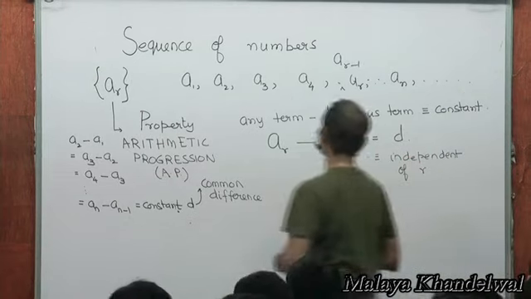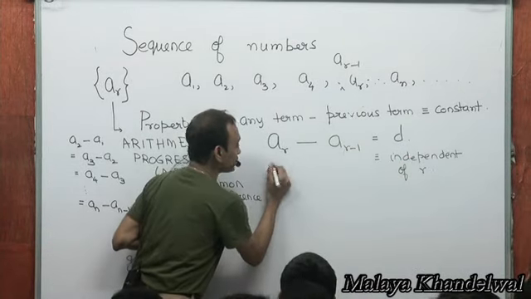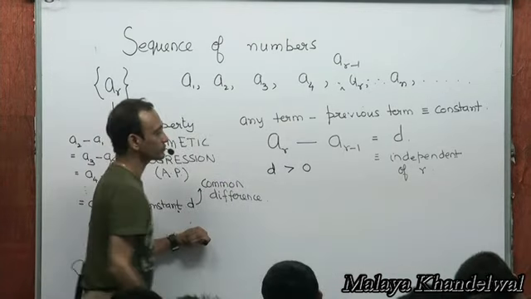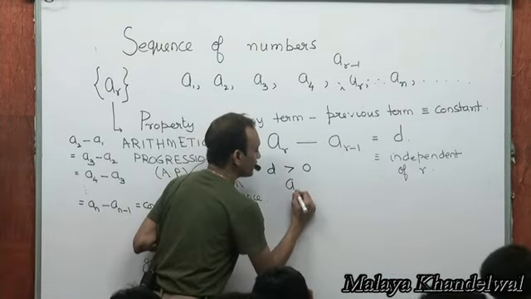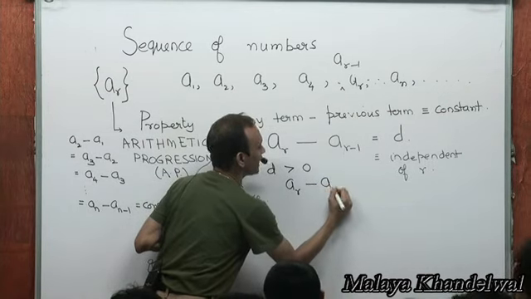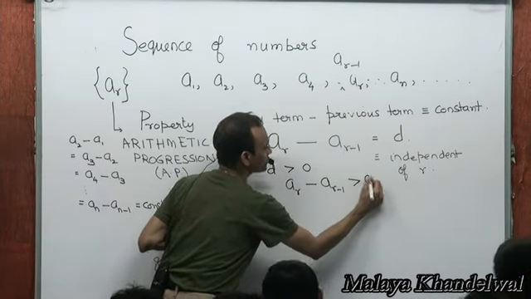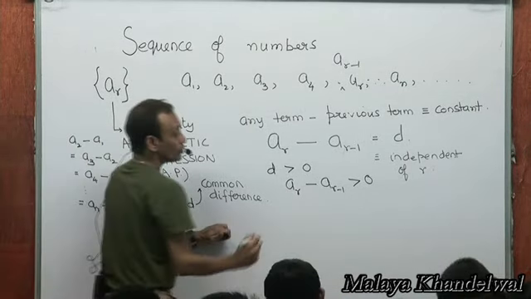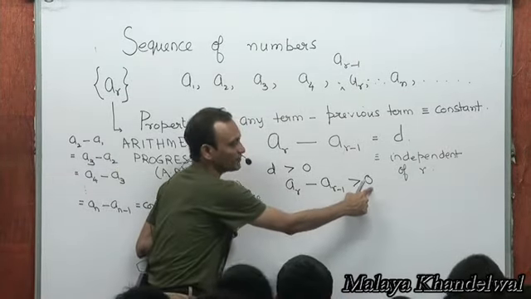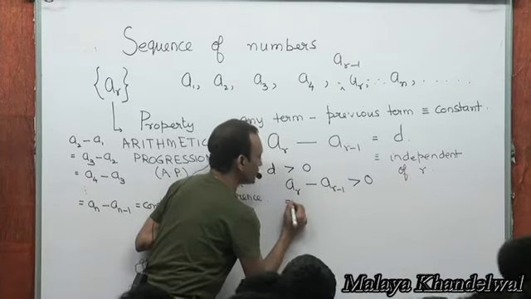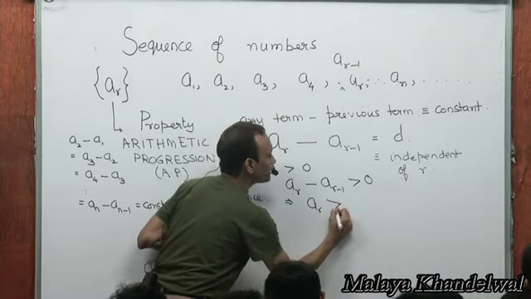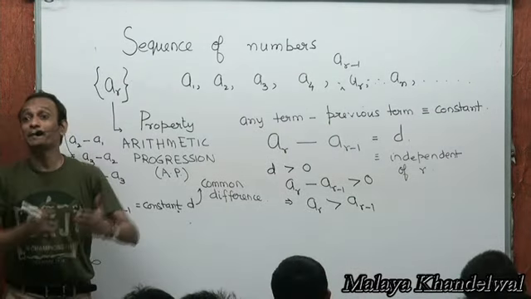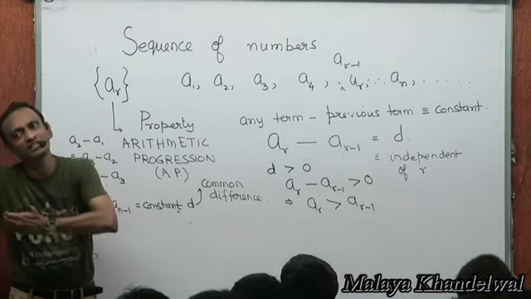Now, if D is positive, then AR minus AR minus 1 will be positive. That means AR will be bigger than AR minus 1, so any term will be bigger than the previous term.